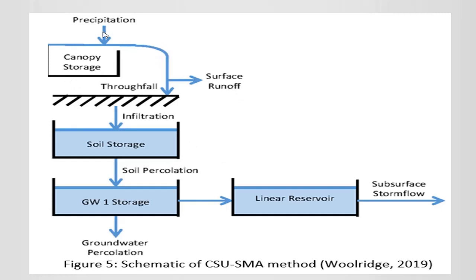This is the schematic. The subbasin model in HEC-HMS starts with a canopy storage method for vegetative interception. Any rainfall that exceeds that volume goes to the soil as throughfall, and when throughfall is up to the infiltration rate, it infiltrates into the soil.